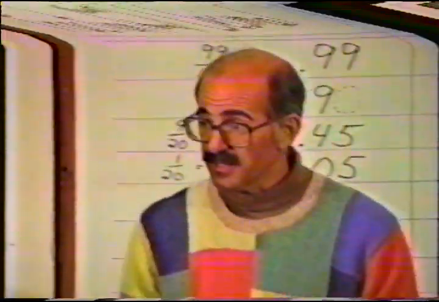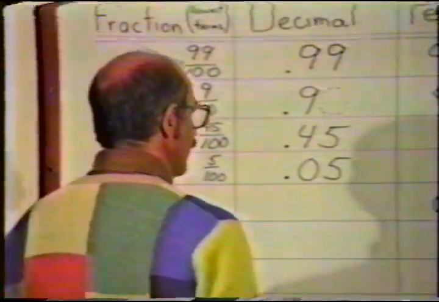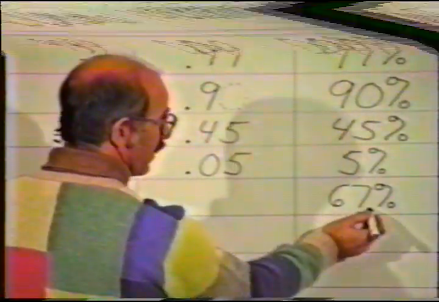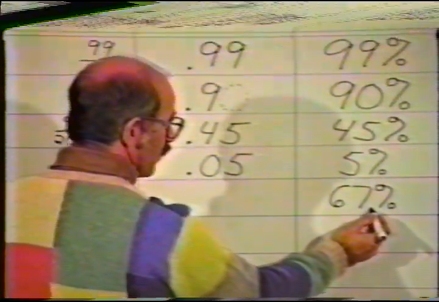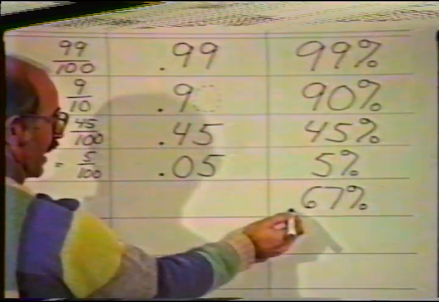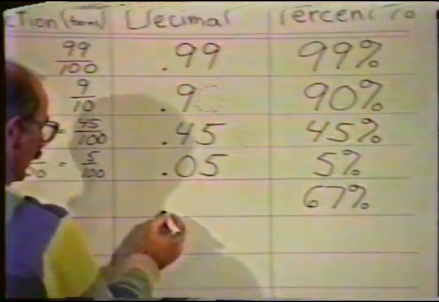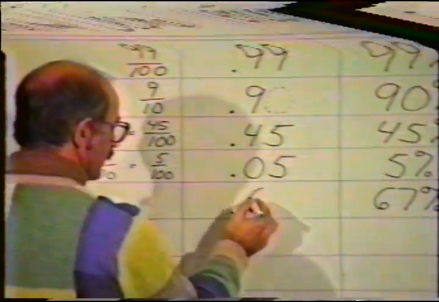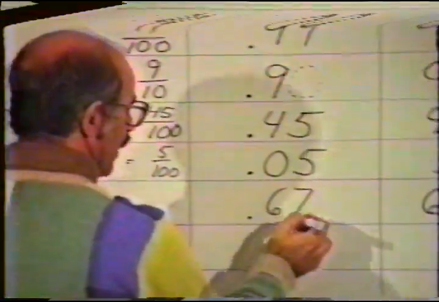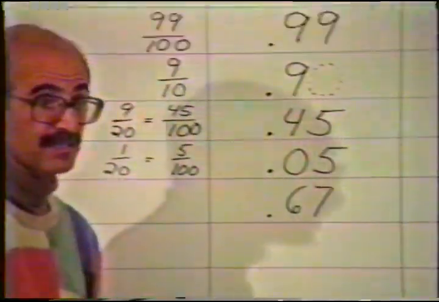If you don't see a decimal point in the number, then where is it? At the end. So we have to put it in there or know where it would be so we can move it back to the left 2 places, and we get 0.67, and we've taken off the percent sign.